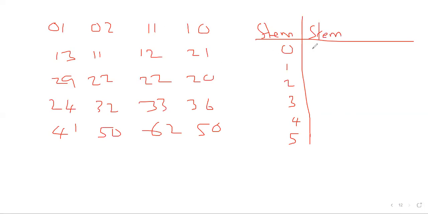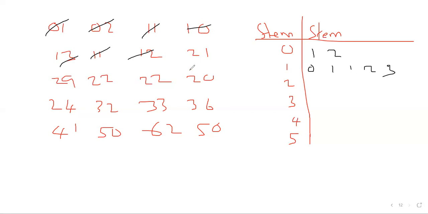There's already 0, 0, 1. We have 0, 2, the 2 there. So on the zeros, we are done. On the ones, the smallest is 10, 1, 0. And then 11, 11, so 1, 1. Then we have 12, 13, so 1, 2 and 1, 3.